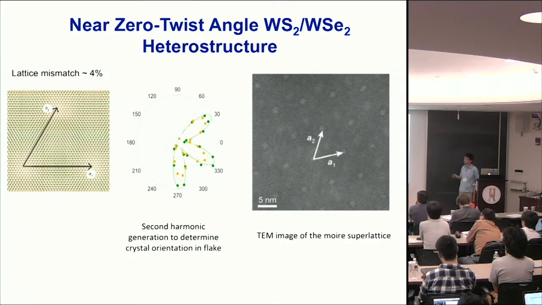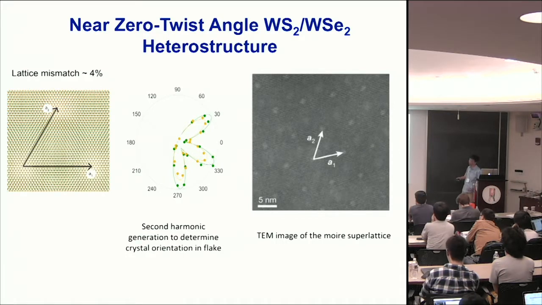And for the transition metal dichalcogenide, we also have a very nice way to experimentally determine the twist angle. It turns out that the transition metal dichalcogenide monolayer breaks inversion symmetry, so it has well-defined second harmonic generation, and well-defined second harmonic generation patterns as a function of angle.